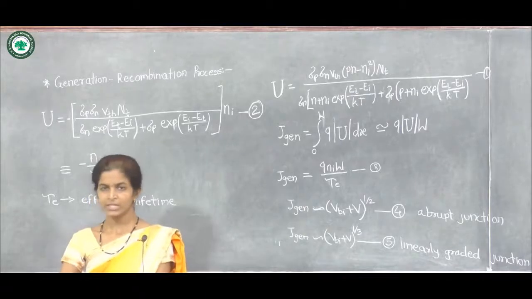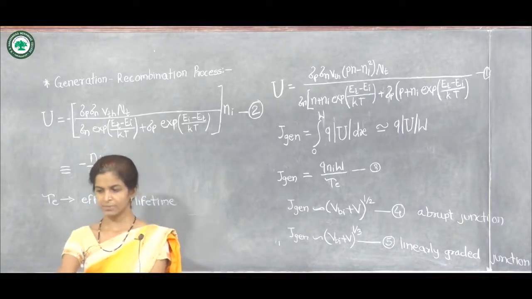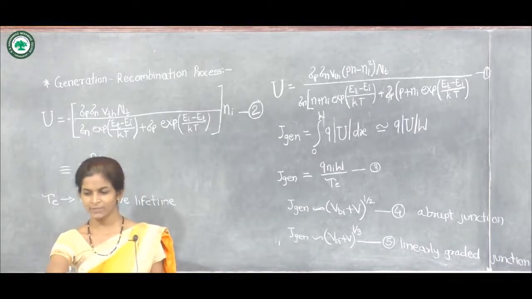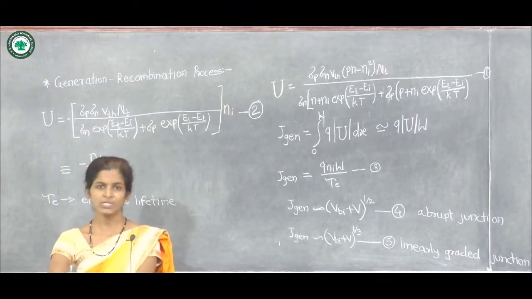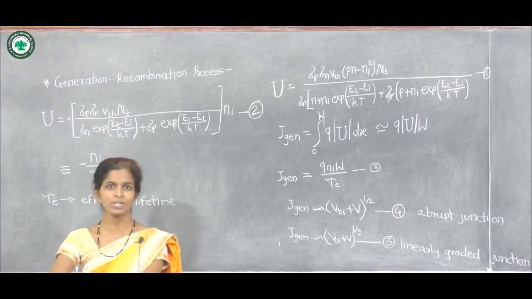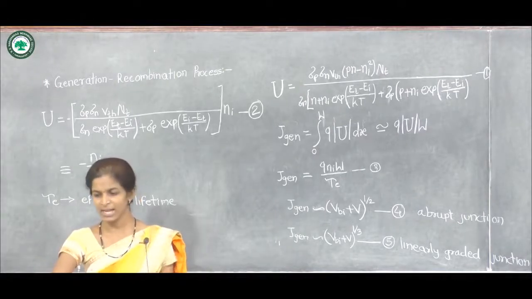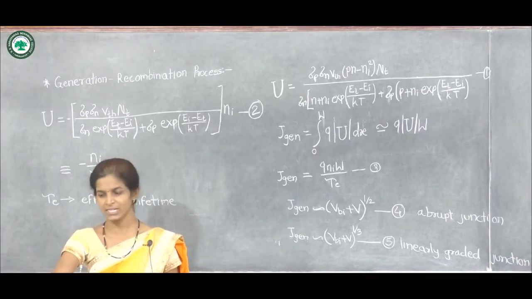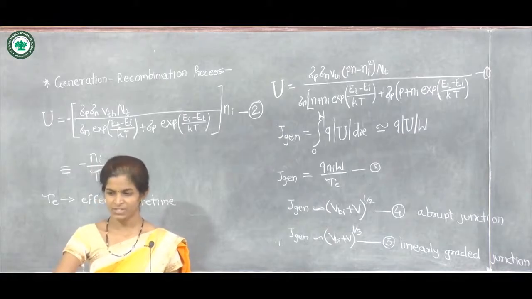The total reverse current can be approximately given by the sum of the diffusion component in the neutral region and the generation current in the depletion region.